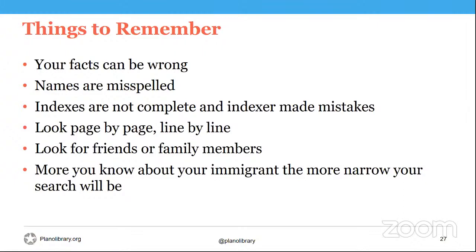So sometimes you have to know the family member or friend that came with them, because maybe that name is spelled better or the handwriting is better for that name, and then you can recognize the person you're looking for. And like we've said all along, the more you know, the better it is when you're researching them.